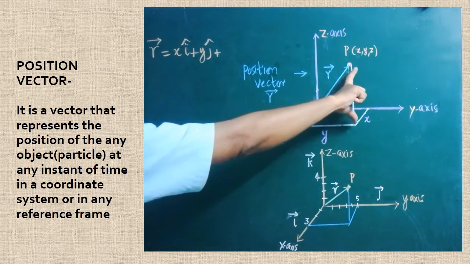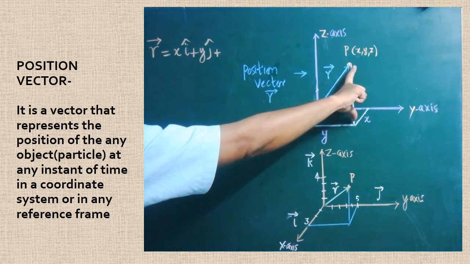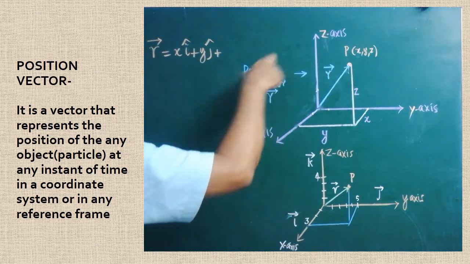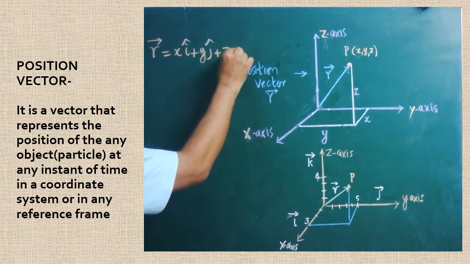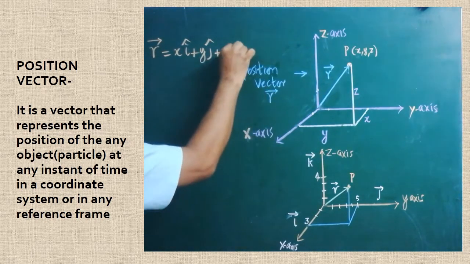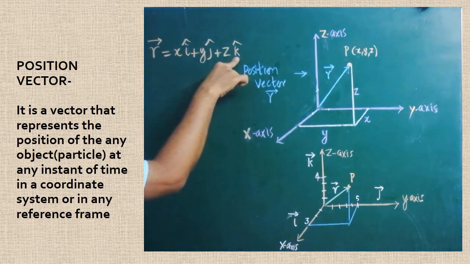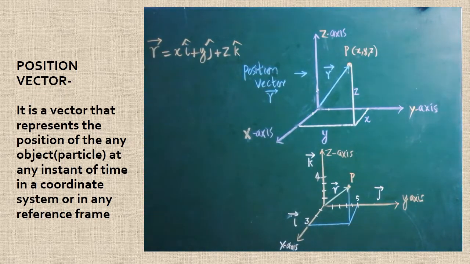That point P is located this much distance, z units, with respect to the z-axis. Therefore, z must be written, and k cap is the orthogonal unit vector for z-axis. So, this is the representation of position vector.